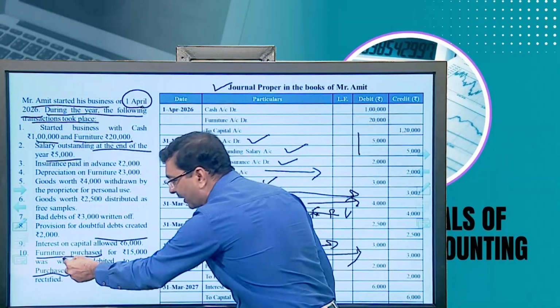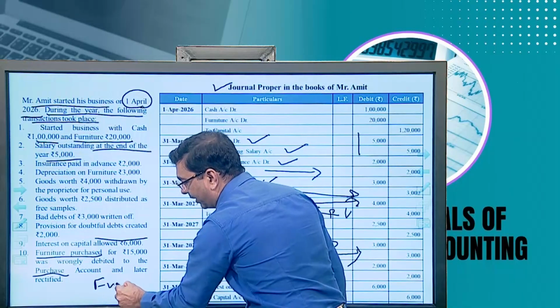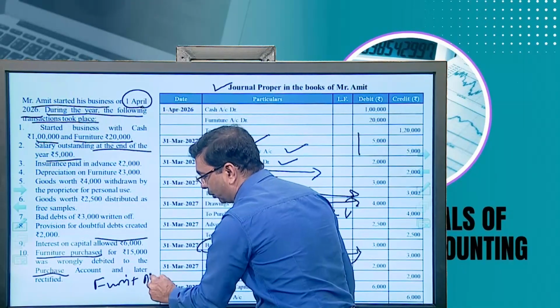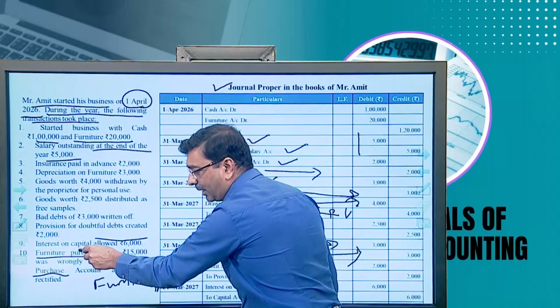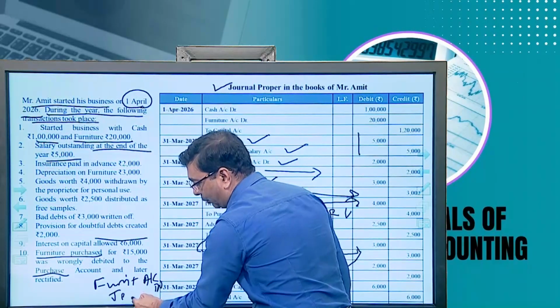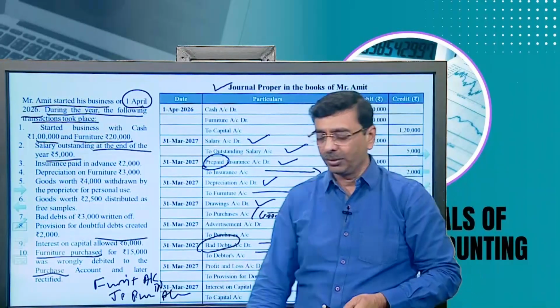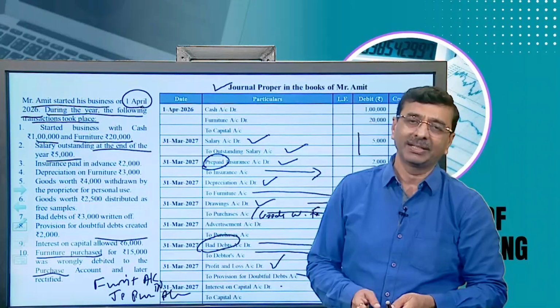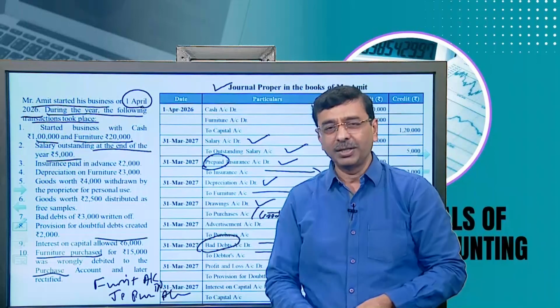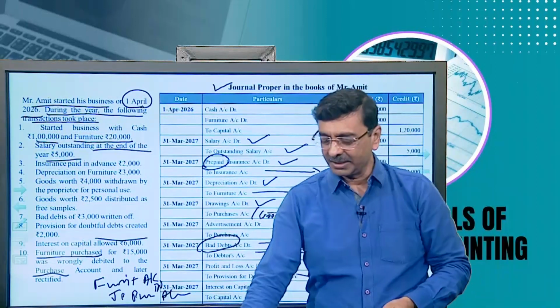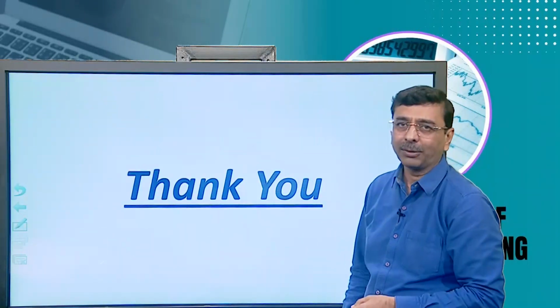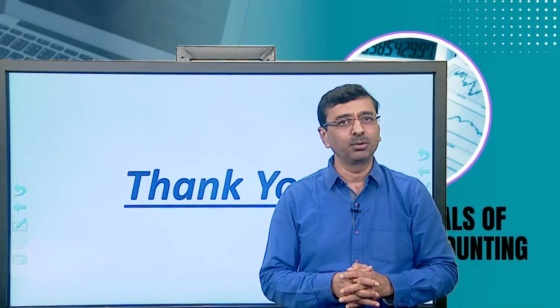So the correct one is furniture, so furniture account should be debited, and purchase was wrongly debited, which is rectified, so the purchase account will be credited. So this is the way to record the rectified transaction. So furniture account debited to purchase account. So this is the way to record it in the general proper books.